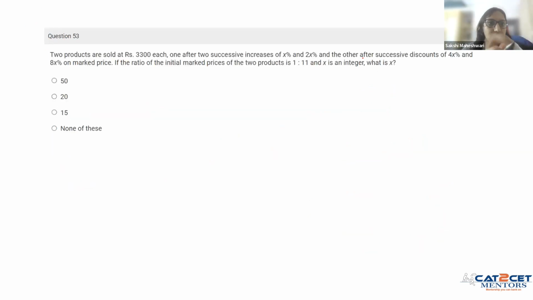Now, two products are sold at rupees 3,300 each, after two successive increases of X% and 2X%, and the other with successive discounts on mark price, and the initial mark prices are X and 11X.